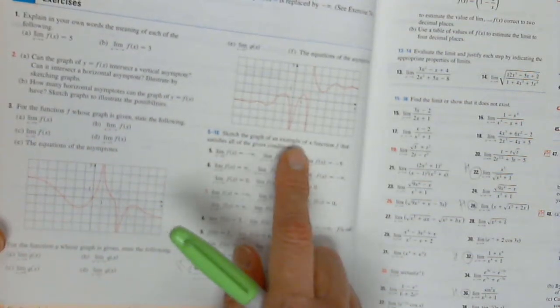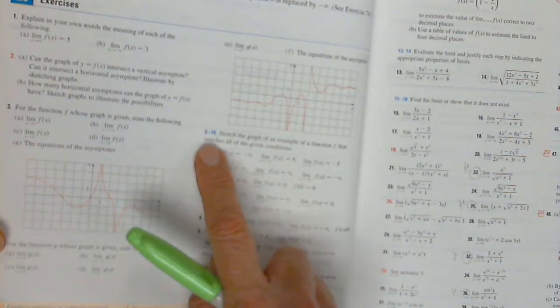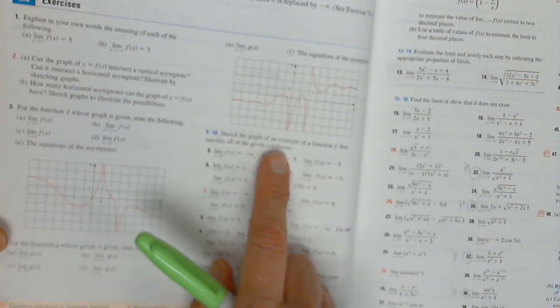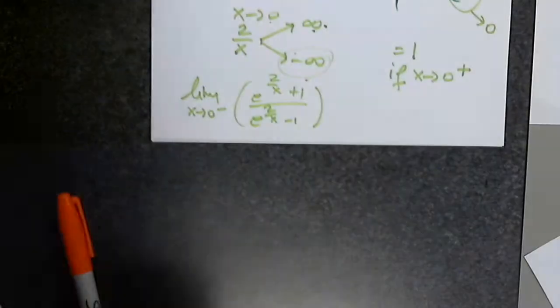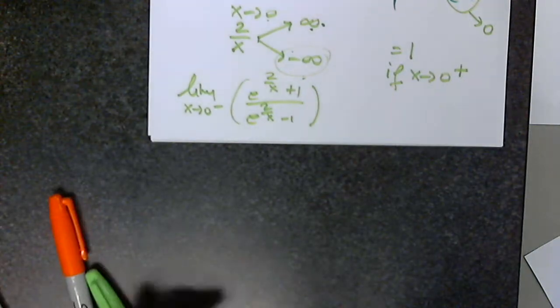Sketch the graph of an example of a function f that satisfies all of the given conditions. So I want you to choose whatever you want. Which one? 6. 6 it is. Okay. So let's look at problem 6.